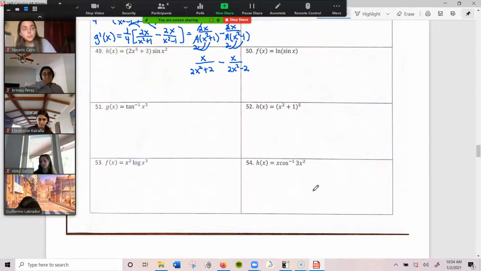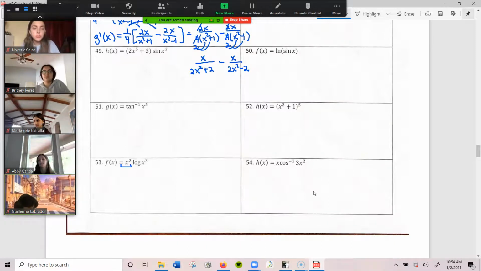53. Okay, so here we have x squared times log of x to the third. So this is a product. We have no choice, we're going to use the product rule because we have two different types of functions being multiplied: the x squared and the log.